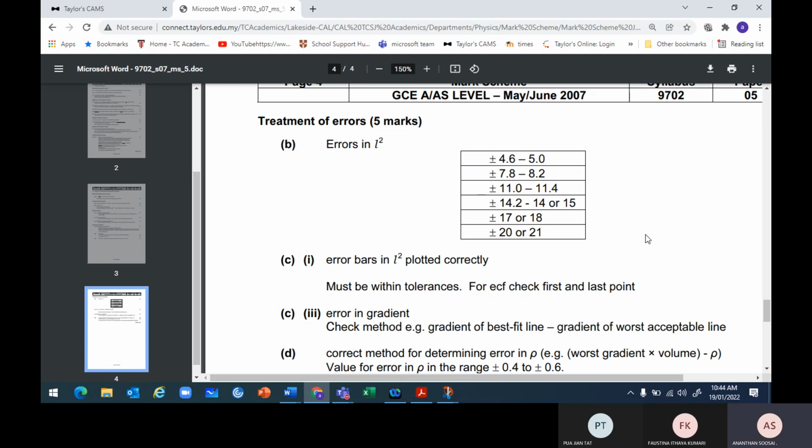Here they put 7.8 to 8.2 in between 10. But you see the last one, 20 or 21. Now this one only can be 20 or 21 only. Last one, what do you got? You got 21. Why do they give two values? Because two different methods, so they give both answers accepted.